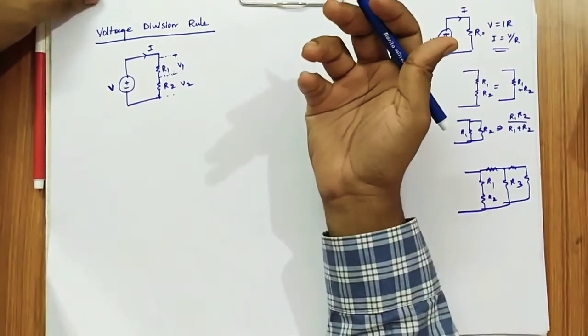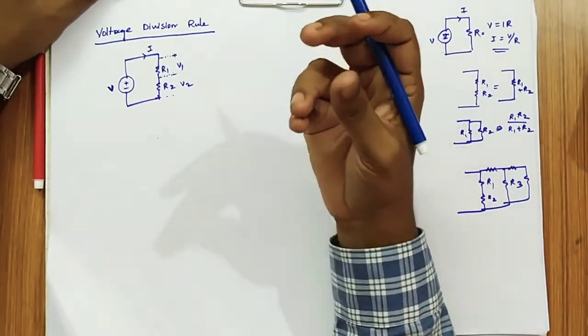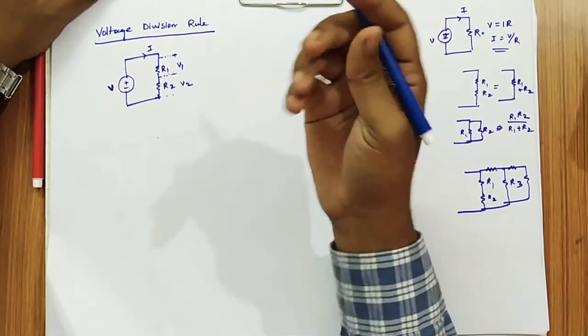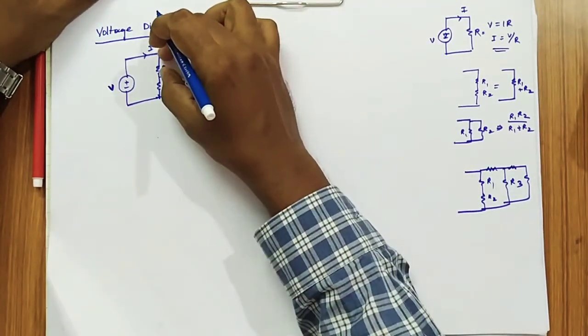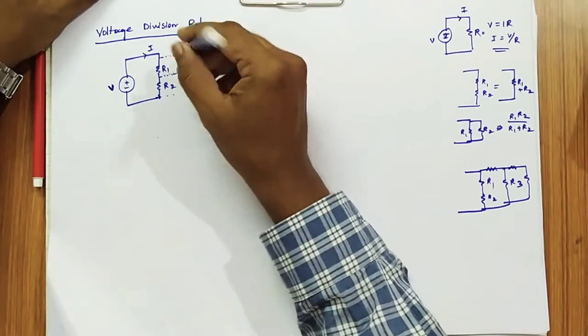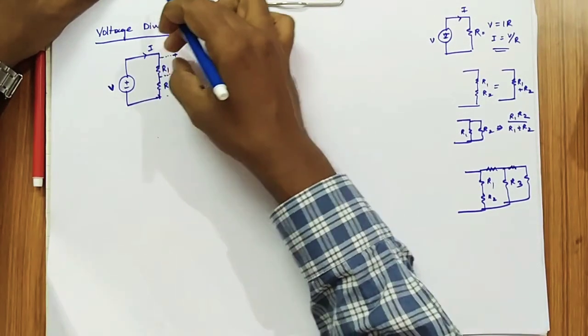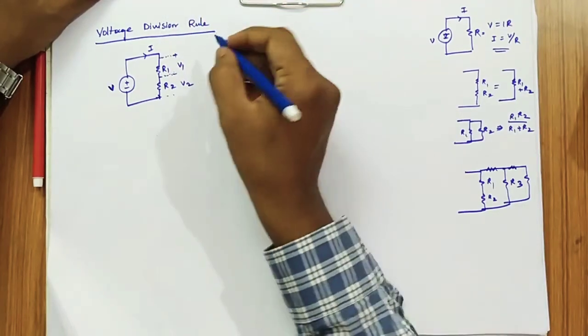If someone asks you to find the voltage, in your mind you need to understand it should be found across the element, which here means across R1.